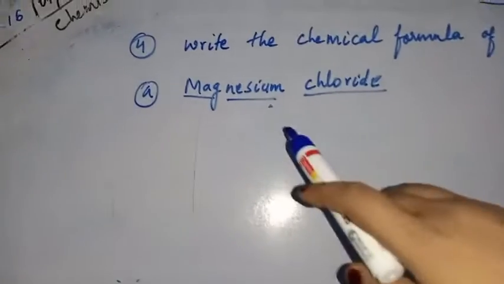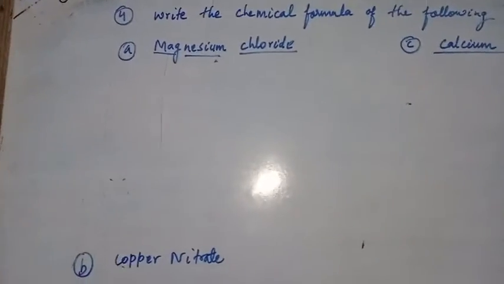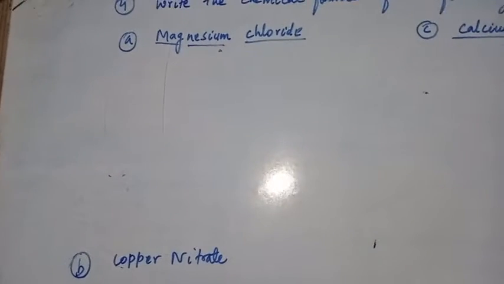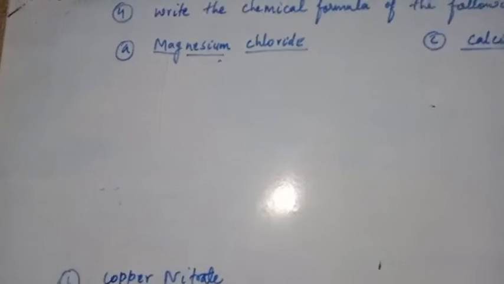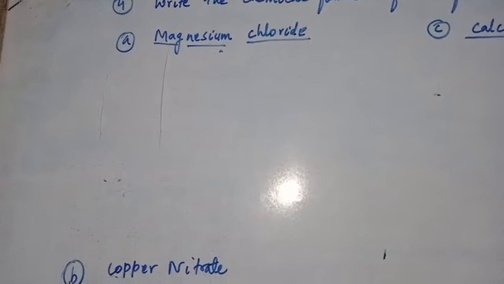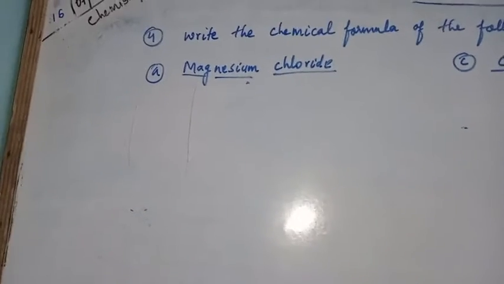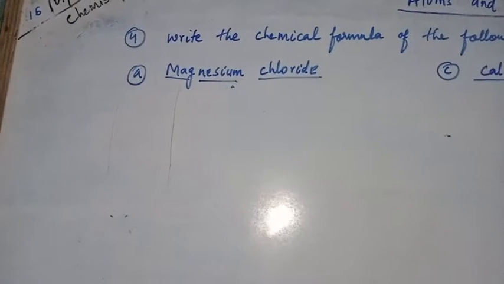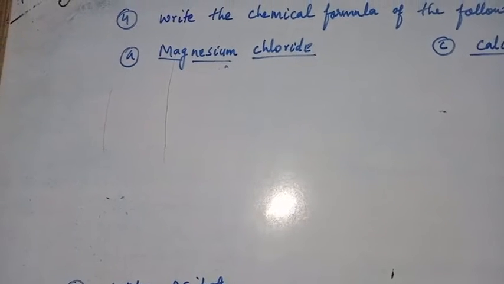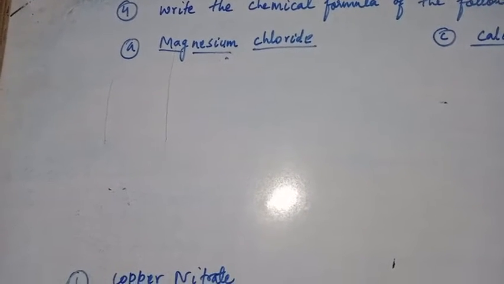So first is magnesium chloride. As I told you, there is a method to predict the chemical formula, and that is called the criss-cross method. By crossing over the valencies of the elements present in the chemical compound, we can predict the correct chemical formula of any chemical compound.